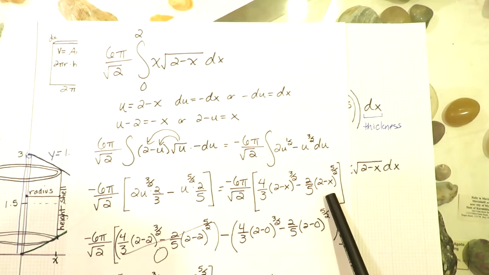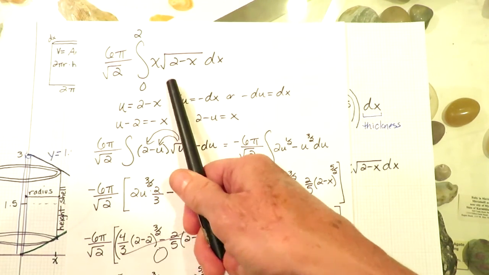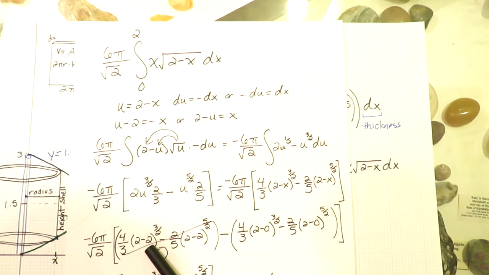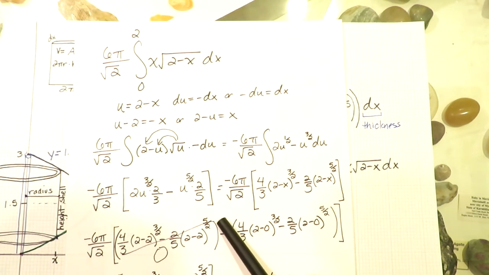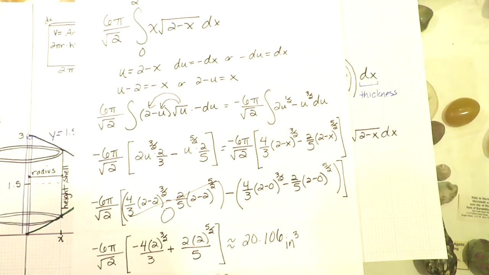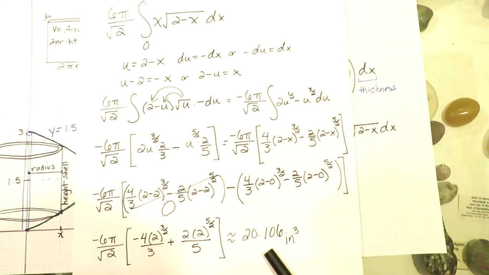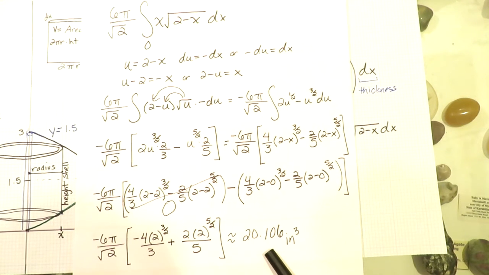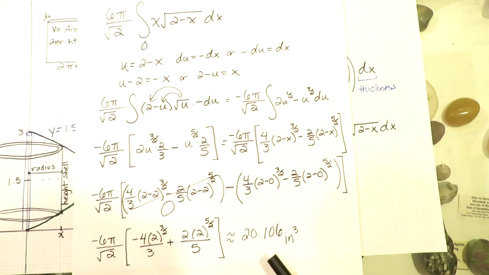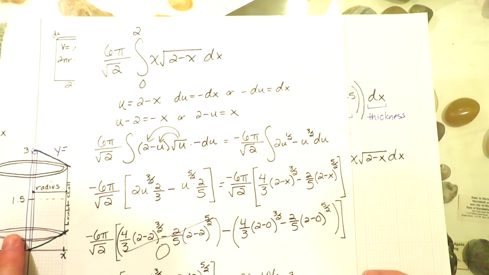I plug in the upper limit of 2, and I plug in the lower limit of 0. 2 minus 2 is 0, so that turns into a 0. And if I carefully type this in my calculator, I get the 20.106 that we saw in the shaded area on the calculator. So again, it was a nice one to work out by hand, a clever use of U substitution.